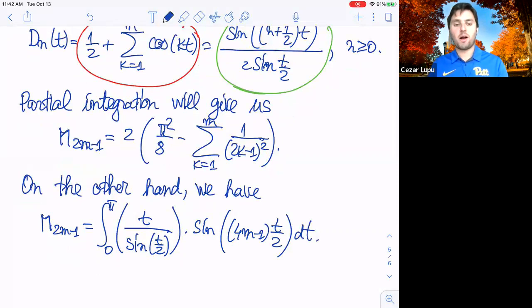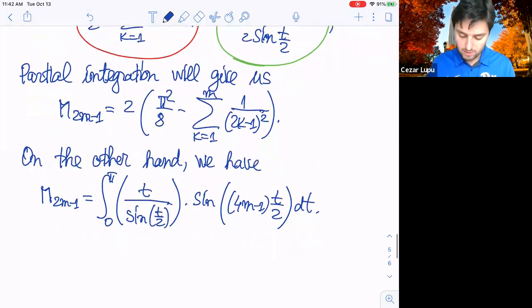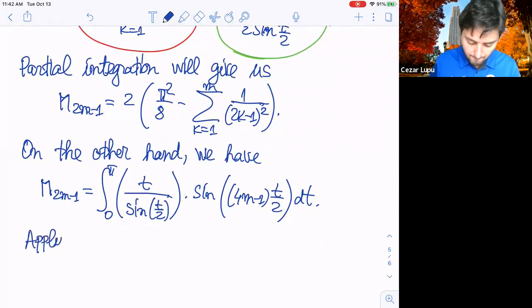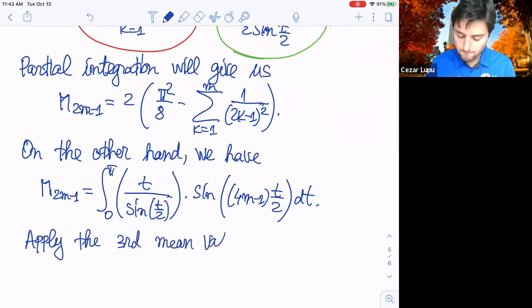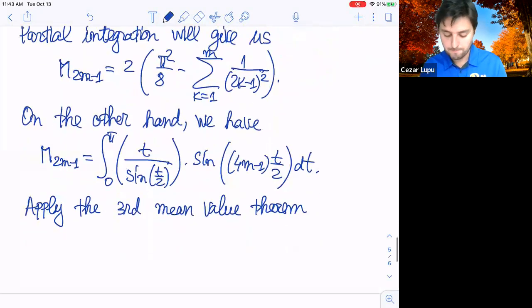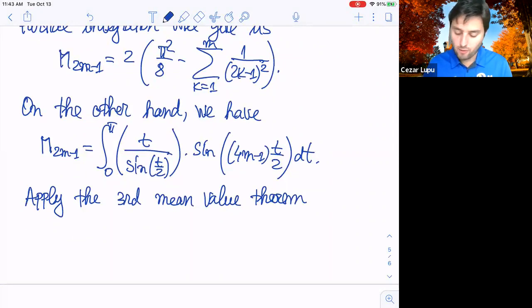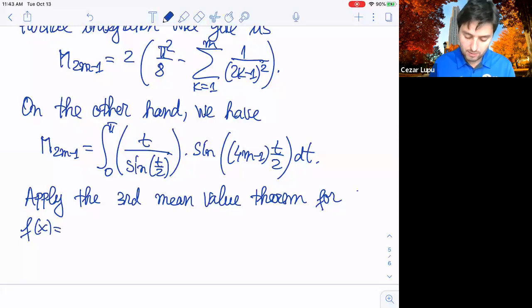All right, so I wrote it in this way because now we're in a good position to apply the third mean value theorem, the Bonnet-Weierstrass theorem. And for the following functions, I'm going to take f of x to be sine of 4m minus 1 times x over 2.